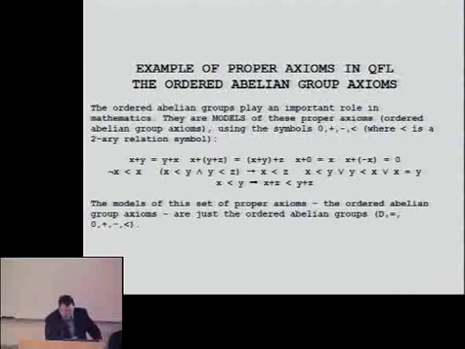All right. The models of this set of proper axioms, i.e. the ordered abelian group axioms, are just the ordered abelian groups. And you could not really neatly represent this without having a binary relation symbol, and you also need connectives.